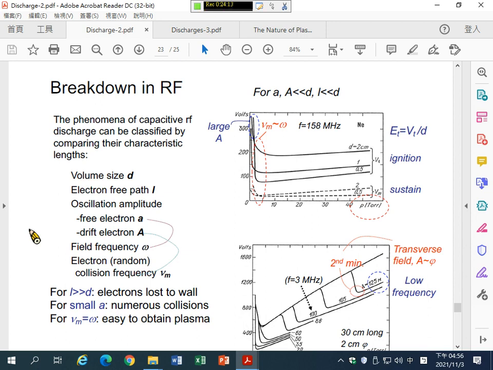For the left side here, at very low pressure, the plasma is not easily generated, because in a low pressure system there are fewer collisional processes.